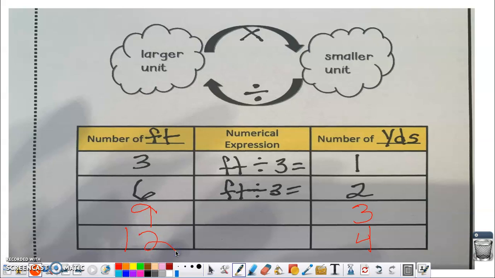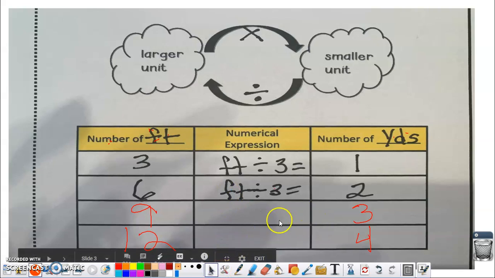Now I know that's confusing with our numerical expression actually being the division. What you can do is set it up so that your yards are on the side over here, with feet here and yards here. We'll do some examples with that later. I just wanted to get this one out there.